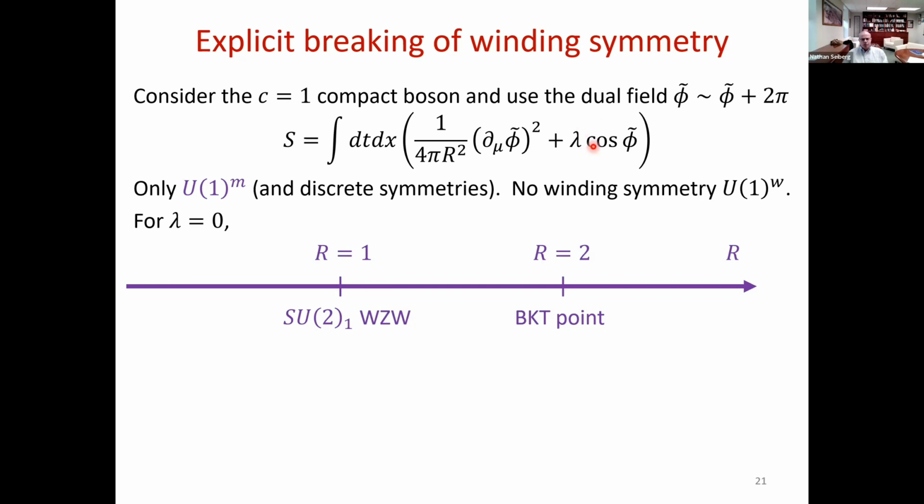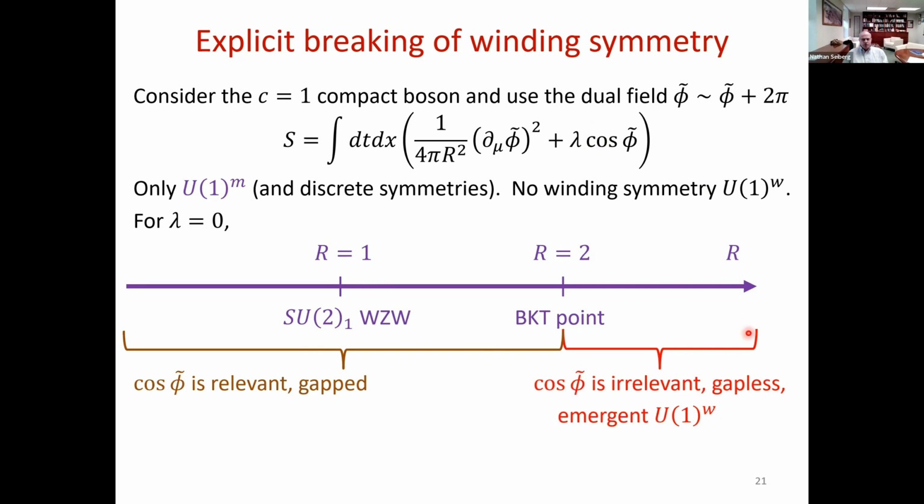Now we turn on this perturbation and ask what happens. If R is bigger than 2, this operator is irrelevant, and therefore this gapless spectrum remains gapless, and we find an emergent U(1) winding symmetry. In contrast, when R is less than 2, this operator is relevant, and therefore it gaps the system.